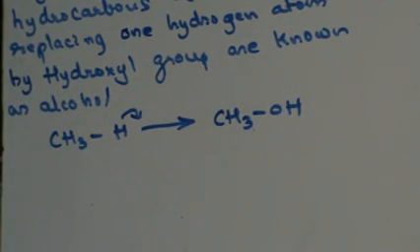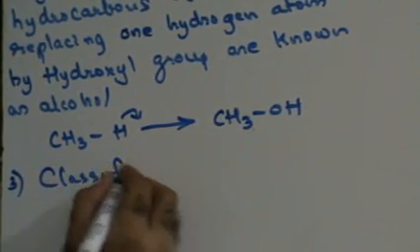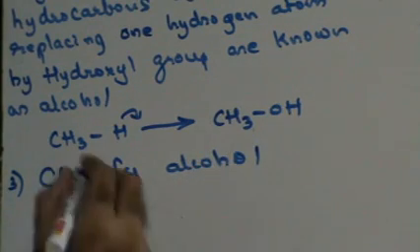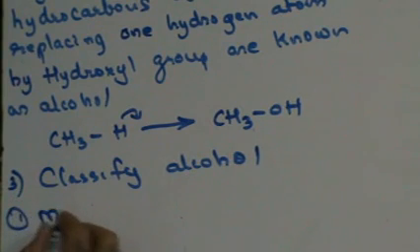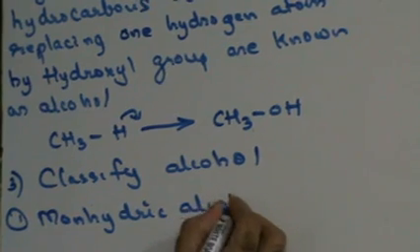Right? How do I classify alcohols? Alcohols are classified into four types. First, monohydric alcohols. What are monohydric alcohols? These are those alcohols that are obtained by replacing one hydrogen atom by one hydroxyl group.